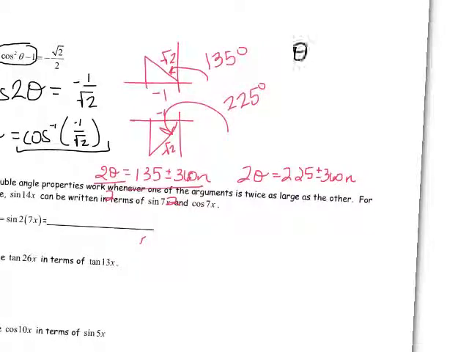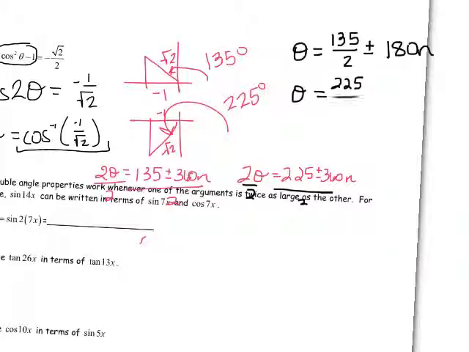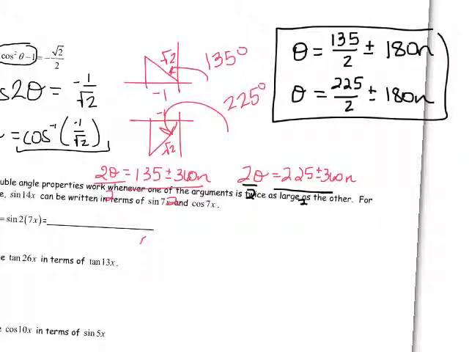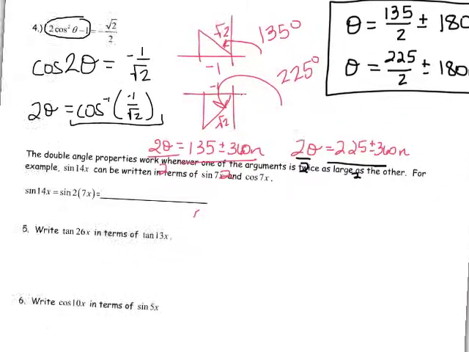So theta equals 135 over 2 plus or minus 360 over 2, which does divide, so that's 180n. And same thing here, 225 over 2 plus or minus 180n. All right, let's go on.